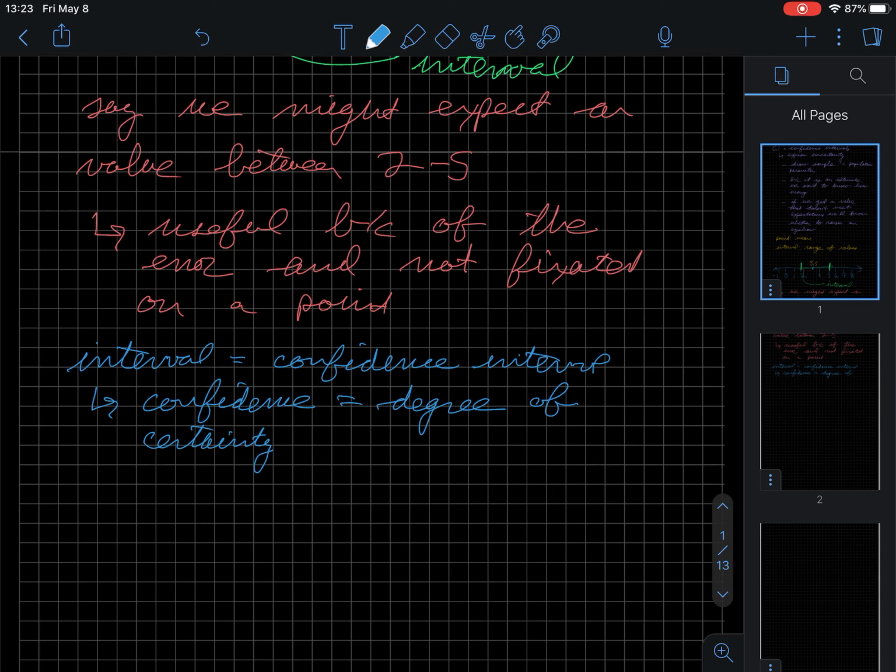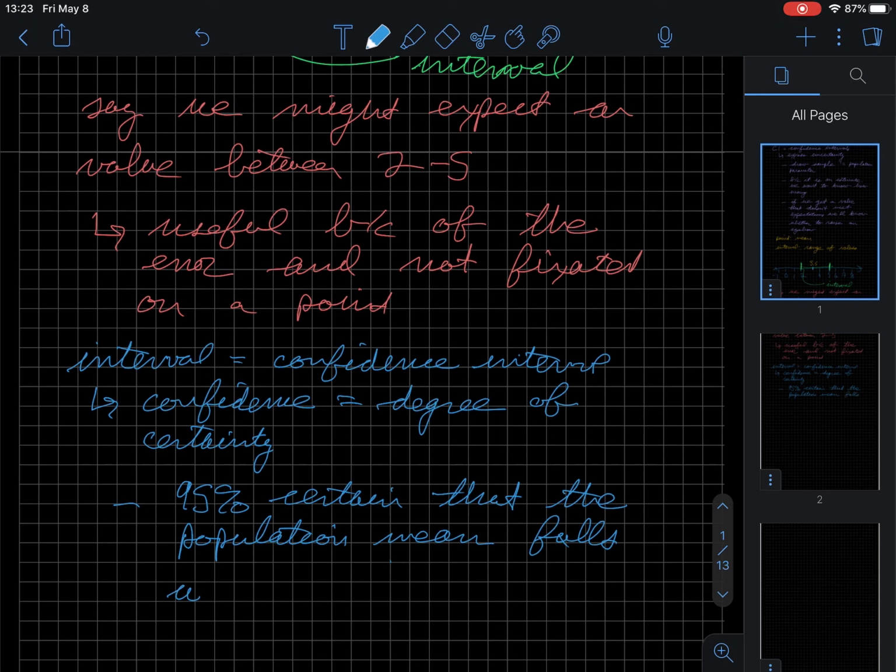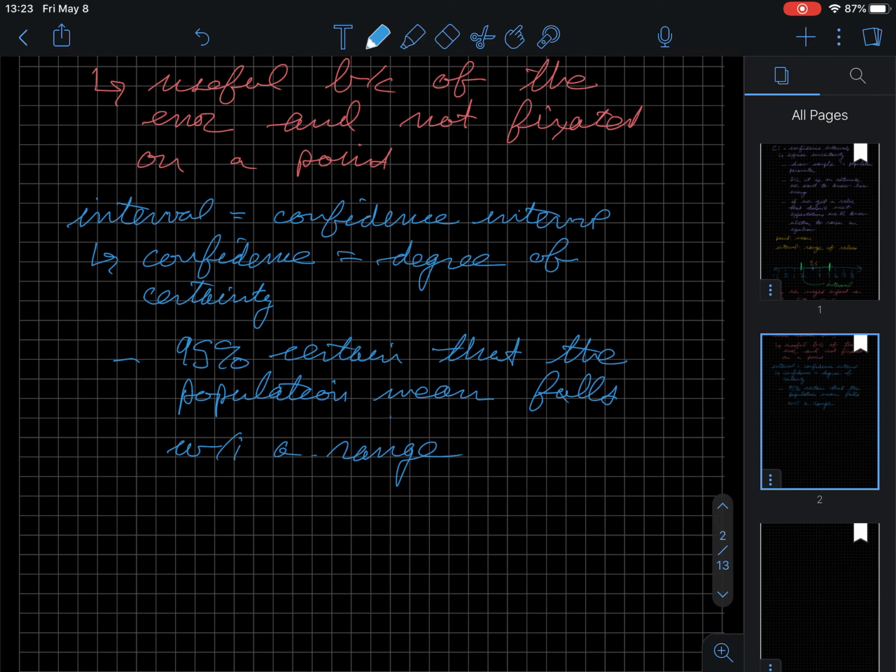So we might say that we are 95% certain, which is the amount that's used most often, that the population mean, or the mean that we're estimating, falls within a range.